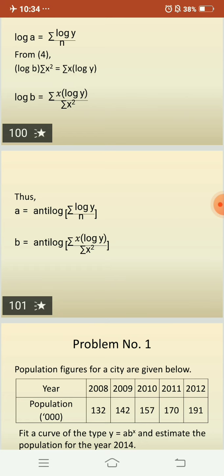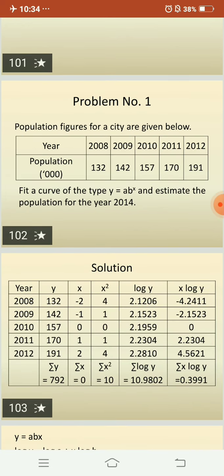This much is needed to calculate the exponential trend equation values.